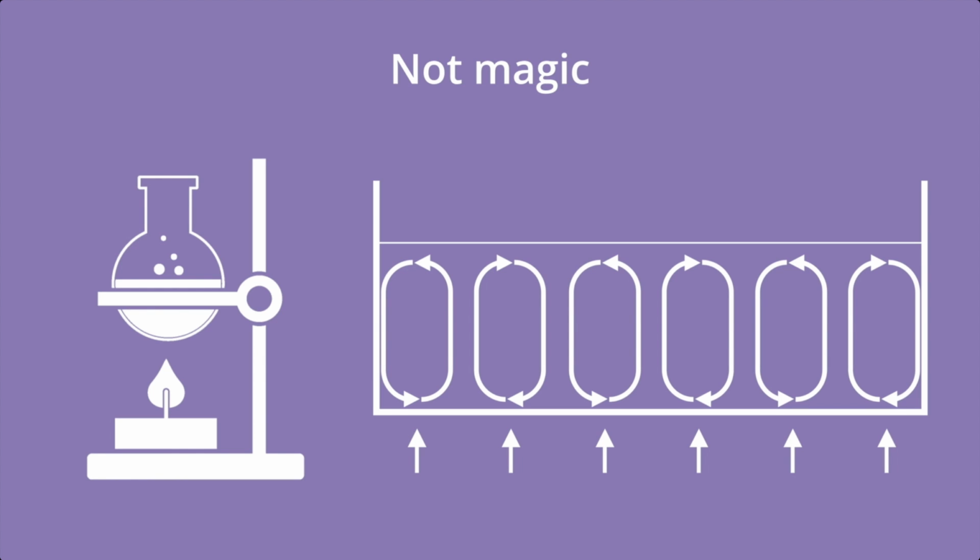But the ones at the top, because it's cooler there, want to sink down. It's just like those people crossing the street. They have to negotiate where they're going to go. They create the same kind of dynamic, but this time they create cells where the hot ones go up on one side and the cold ones come down on the other. And that's a form of self-organization in a chemical system.